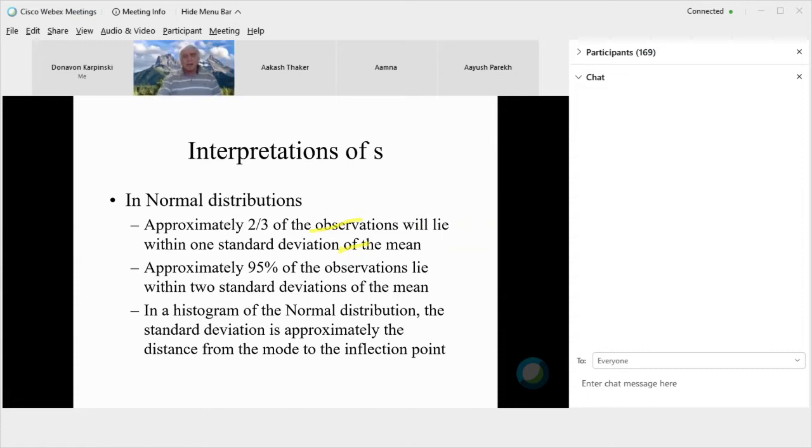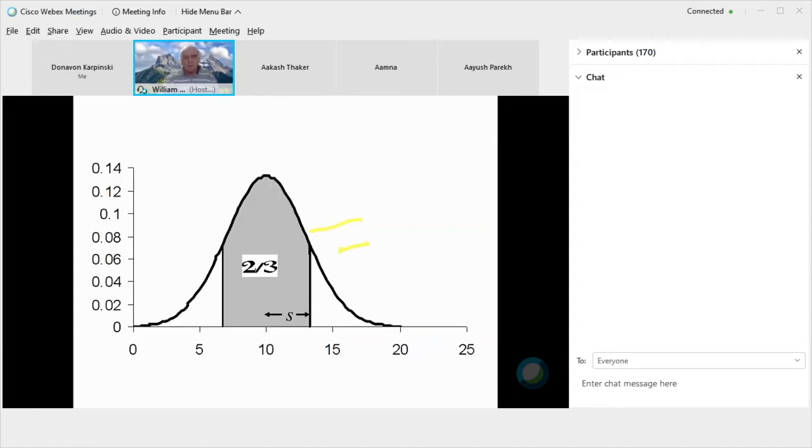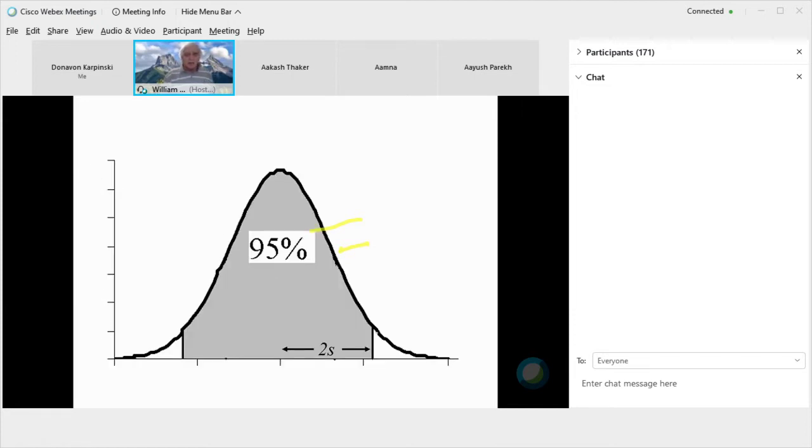The points of inflection are 1 standard deviation away; points of inflection are where it changes from concave down to concave up. 2/3, as I mentioned before, are within 1 standard deviation. 95% are within 2 standard deviations.